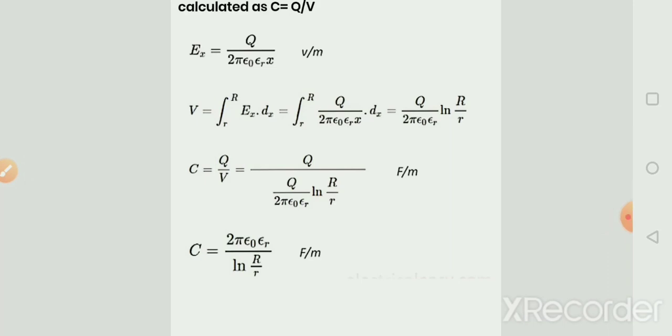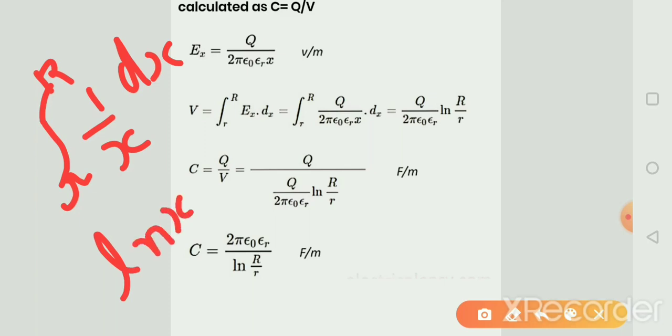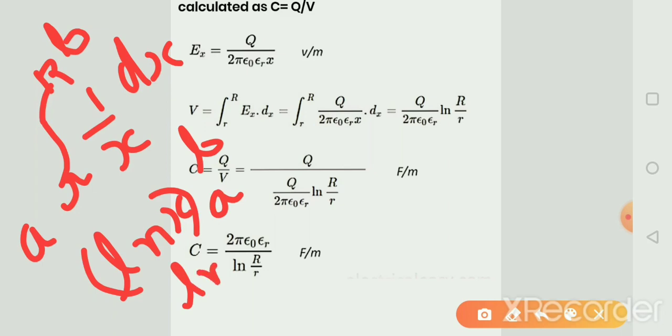So we have to integrate 1 over x dx from small r to capital R with respect to distance. The formula for the integration of 1 over x is ln x. Suppose we have a limit from a to b, then we get ln b minus ln a.